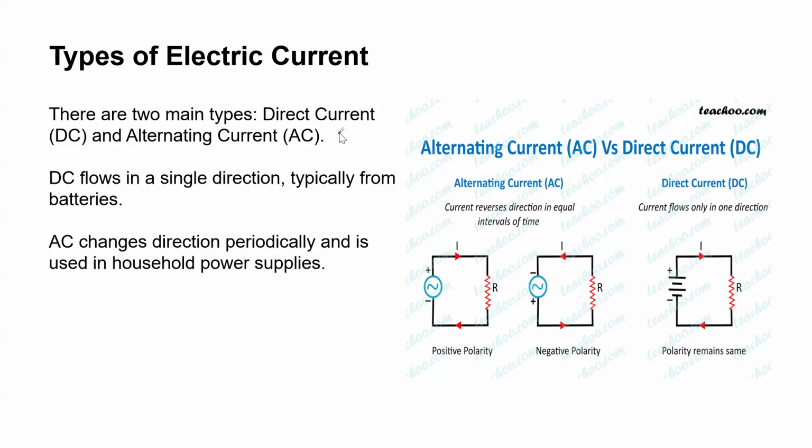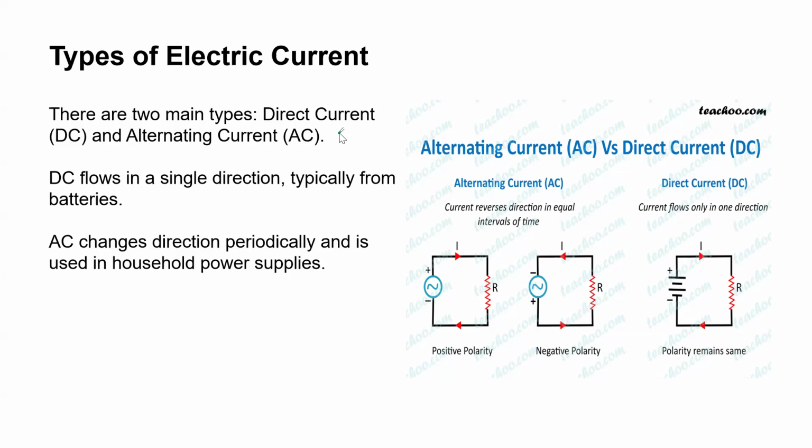Then alternating current usually changes direction periodically and is used in household power supplies. So these are the two types of electric current: DC, direct current, and alternating current. Alternating current usually reverses direction in equal intervals of time.